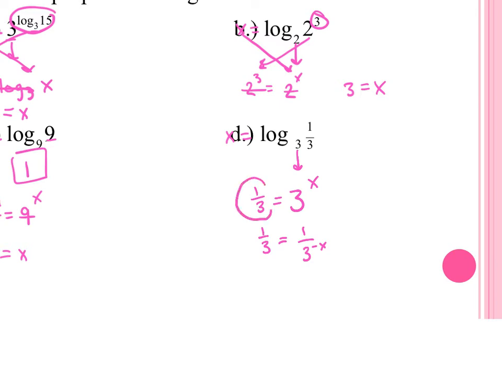Or if we wanted to, we could make this 3 to the power of -1 to get it not to be a fraction anymore. But here we know that this is to the power of 1, and we can set that equal to negative x. So I'm just going to divide both sides by -1. So x is equal to -1.